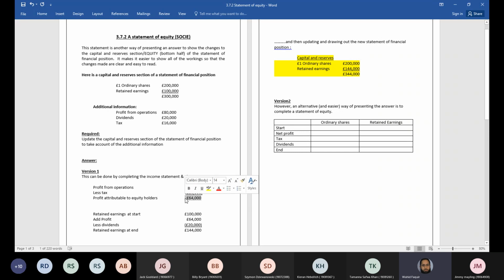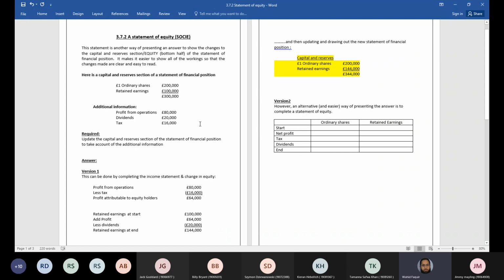Now, all of this could be given out as dividends, but of course, companies want to retain some of the profit. Hence, we use the term retained earnings. We take off the dividends, which the board of directors will decide. They'll say a certain pence per share will be distributed to shareholders. They've decided £20,000.